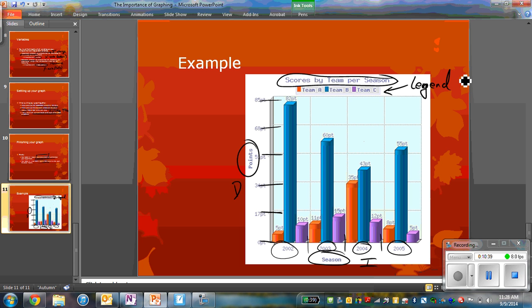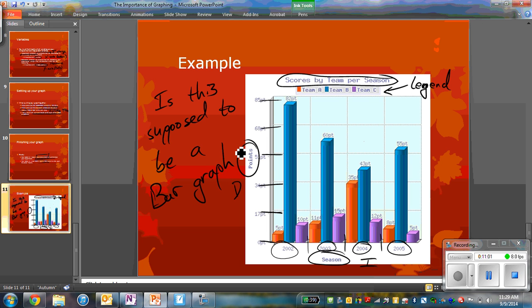Now, there's one last thing I'll ask you about this. Is this graph appropriately a bar graph? So let me write that on here. Is this supposed to be a bar graph? Think about it for a second. Think to yourself. Okay.